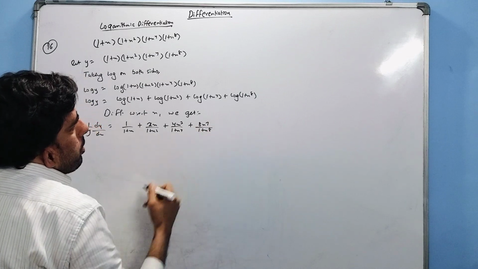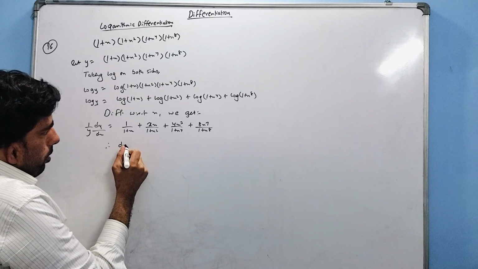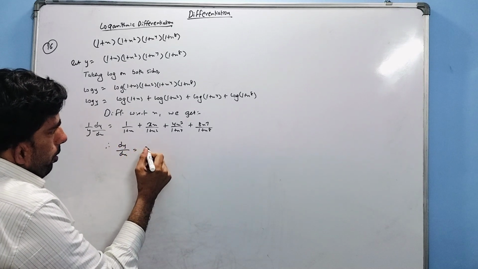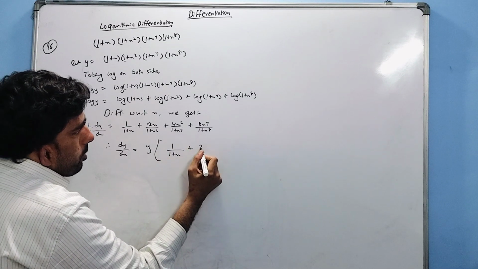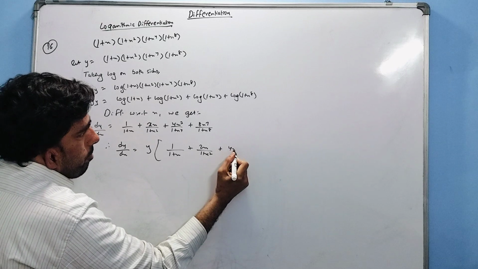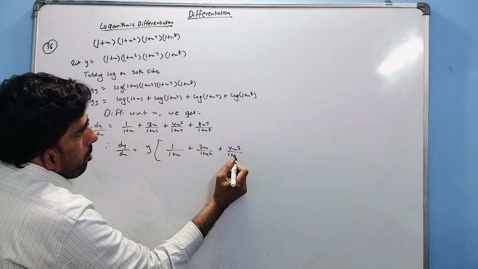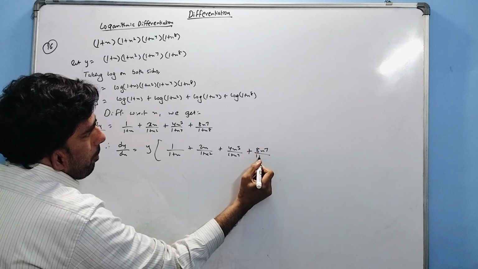Okay, so now we have, therefore dy upon dx will be y into 1 upon 1 plus x plus 2x upon 1 plus x square plus 4x cube upon 1 plus x4 plus 8x7 upon 1 plus x8.